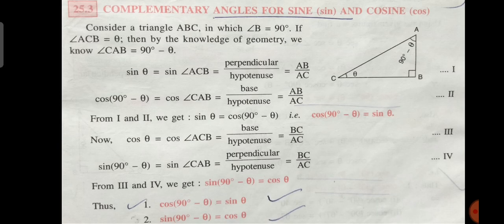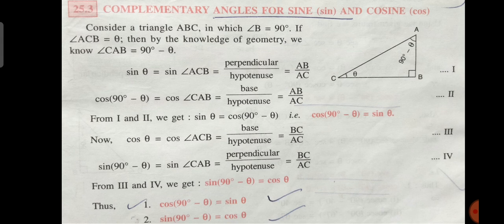Now the complementary angles for sine and cos. Consider the triangle ABC, a right angle triangle, where angle B is 90 degree and angle C, that is angle ACB, is theta.